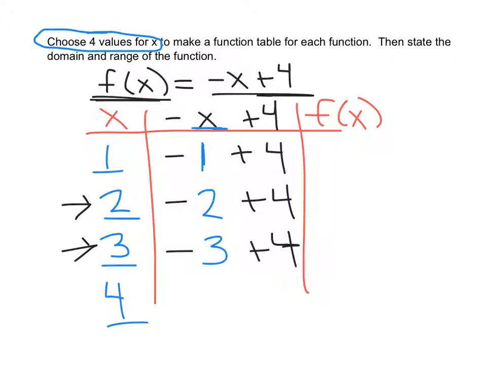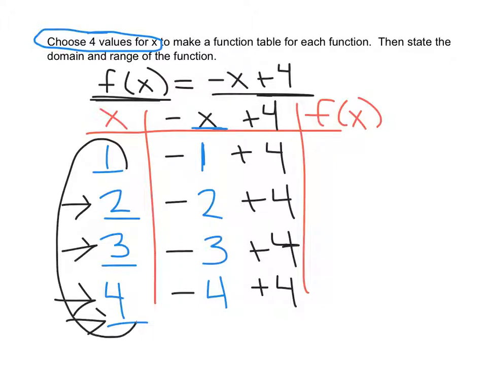And then our last one, we're going to sub in this 4 for the x. So that would be negative 4 plus 4.